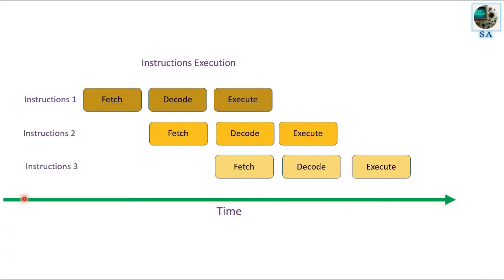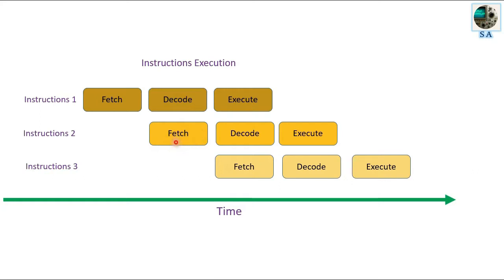The pipeline concept is a technique where multiple instructions are overlapped during execution. The pipeline is divided into stages, and these stages are connected with one another. Therefore, when instruction 1 moves from fetch to decode, at the same time instruction 2 moves to the fetch stage.